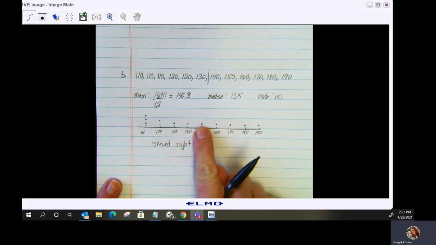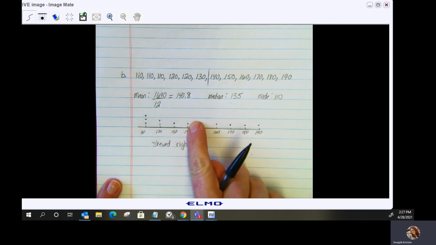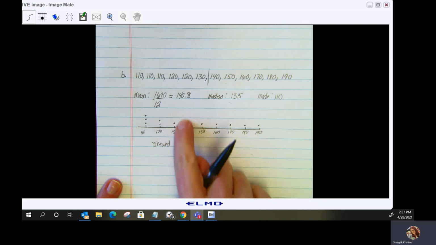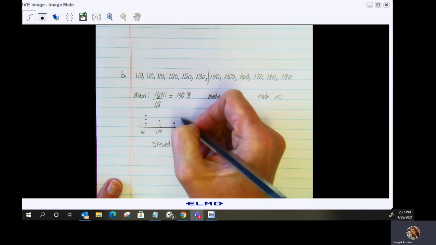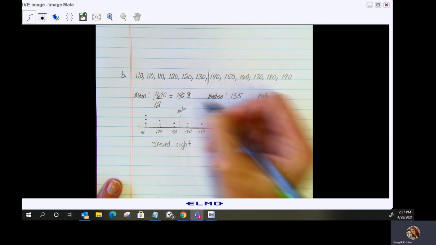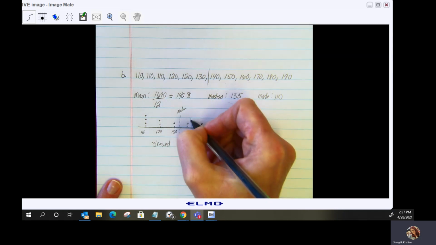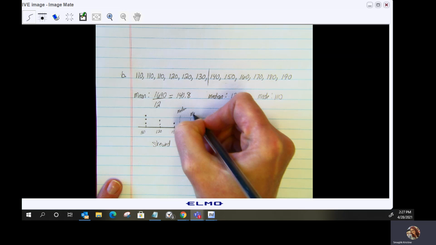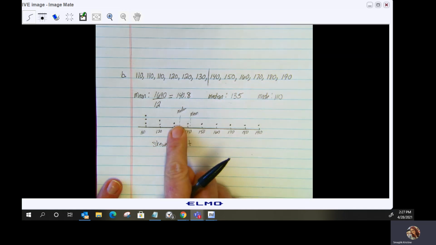My median is somewhere here, and my mean is right in here. My mean is greater than my median, and therefore I am skewed right.